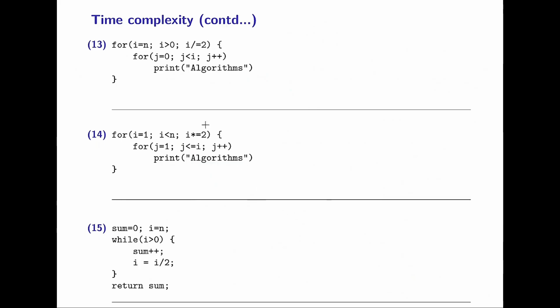Okay. Move to the next one, question number 13. So in question number 13, it is given i starts from n, i greater than 0, i equal to i by 2. How is the value changing? Here you focus. Okay, it is not linear. So first of all, i will be equal to n.